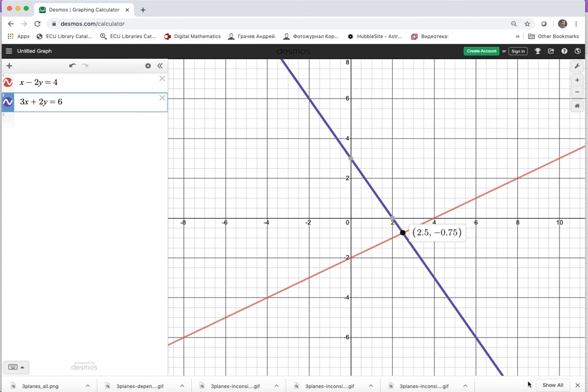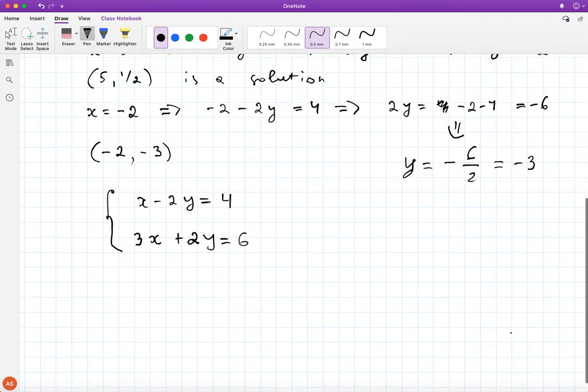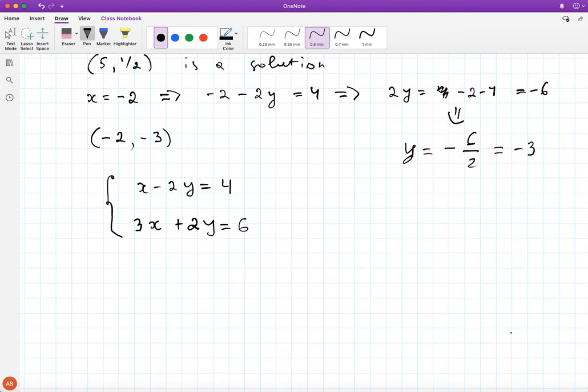Let me now show you how one can find this point of intersection algebraically without graphing the equations. The idea of solving the system algebraically is actually fairly simple. We can manipulate our equations so that one or more variables get eliminated from our equations.